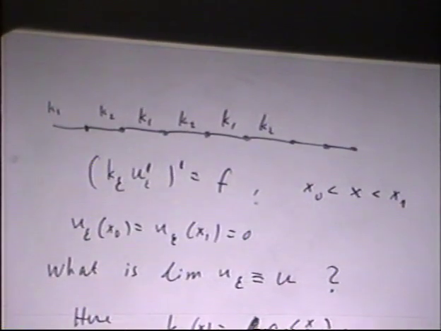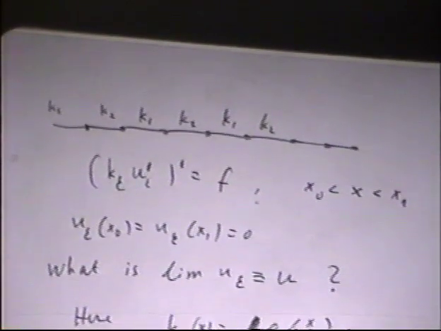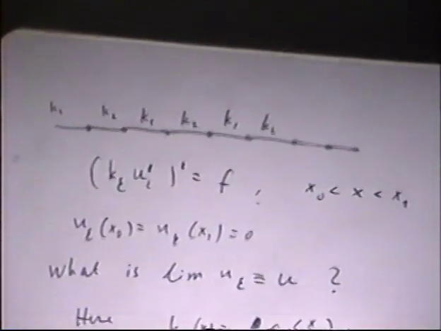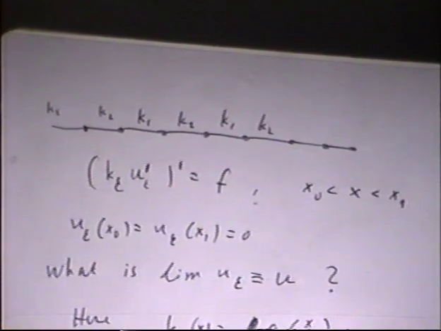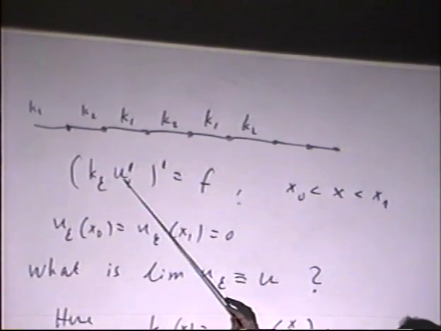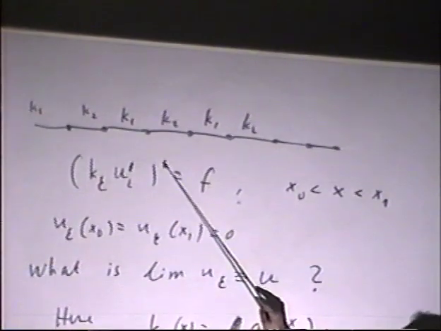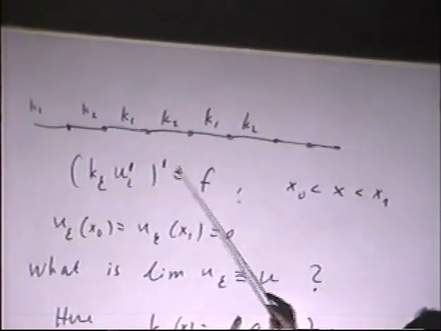Okay, so if u is the electric potential of this material, then the derivative of k times the gradient of u, in one dimension, equals f.